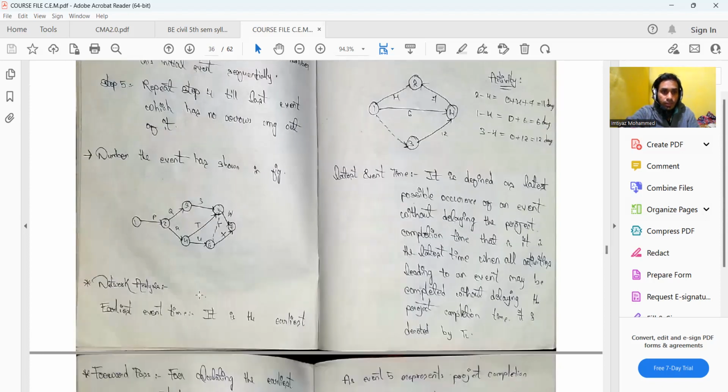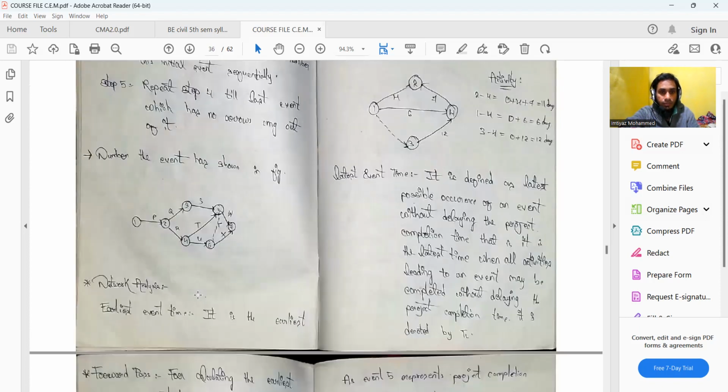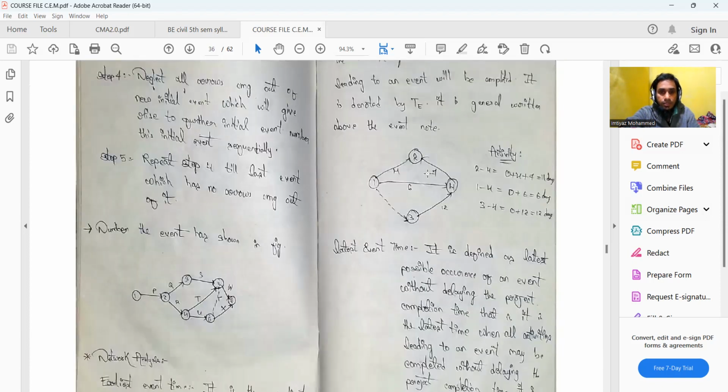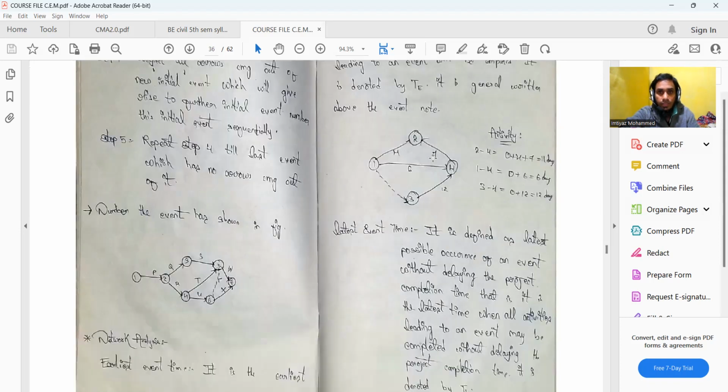With regards to network analysis, we have certain definitions. First, we have the earliest event time. It is the earliest possible occurrence of the event, that is, the earliest possible time when all activities leading to an event will be completed. It is denoted by TE and written above the event node.